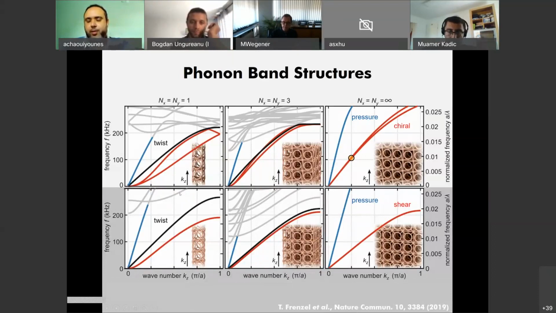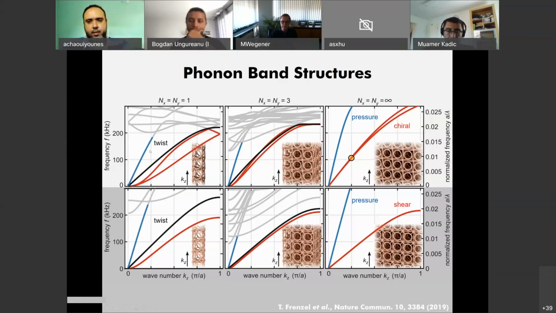Yes, you're absolutely right. Except that here, due to the cubic symmetry, these two bands are degenerate. The red curve down here are two bands, and they correspond to the two orthogonal linear polarizations. These are the TA phonons, if you look at the modes. So this is what I would call chiral phonons.